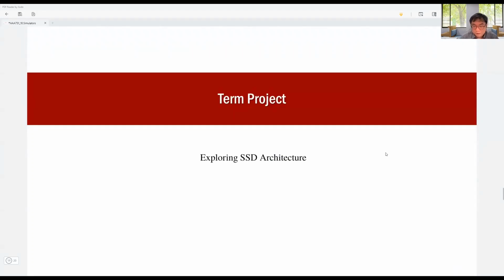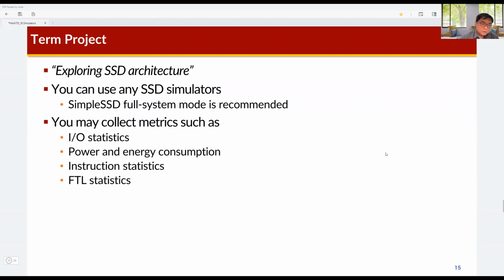Okay, so I will explain the term project of this course. The goal of this term project is to explore SSD architecture. That means that with these architectural simulators, you can configure your SSD with various parameters, and by changing these parameters, you can measure some metrics from the SSD simulators.